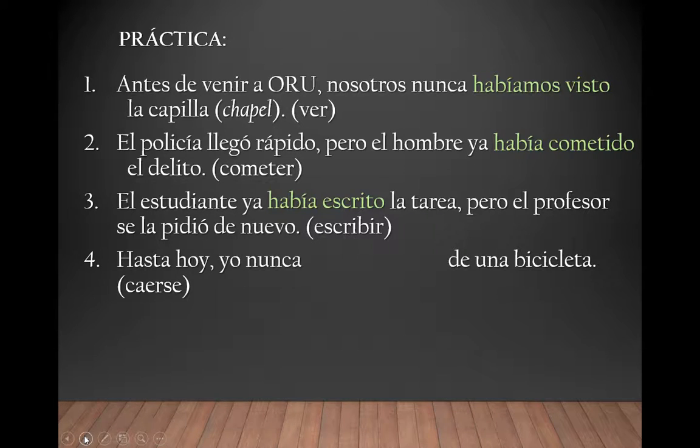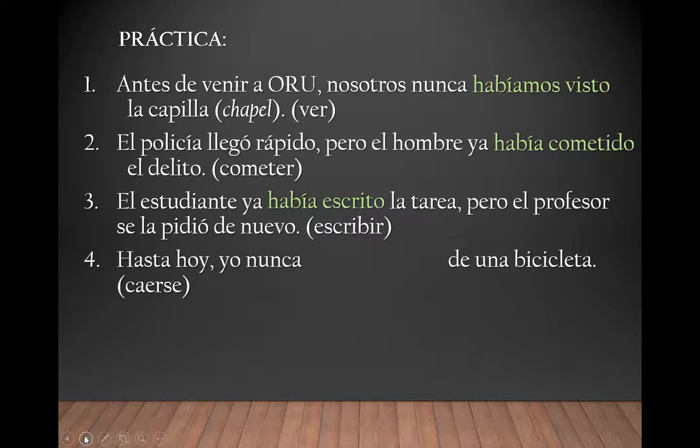Y finalmente, número 4, dice, hasta hoy yo nunca blank de una bicicleta. And we have the verb caerse. So that means until today, I never blank off a bicycle. Well, caerse is the verb to fall, and this is a reflexive verb.